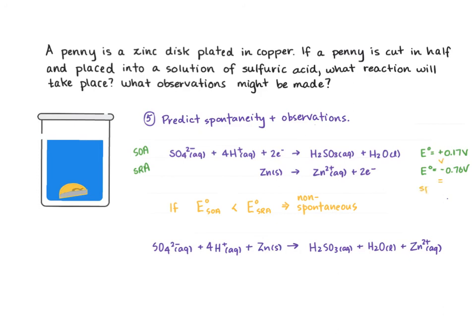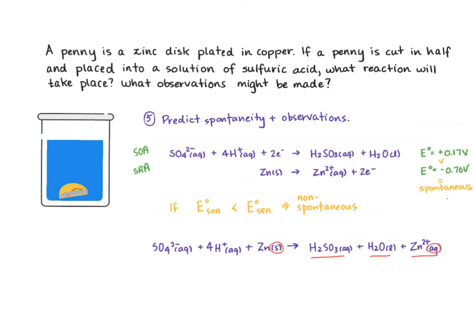Now in this case, our E naught of our SOA is greater than our E naught of our SRA. That means that this reaction is going to be spontaneous and will occur as soon as we add the coin to the acid. So when we predict our reactions, we need to look at what actually happens. So we're not producing any gases in our state, so there will be no bubbles, but we are seeing a change in state from a solid to aqueous.